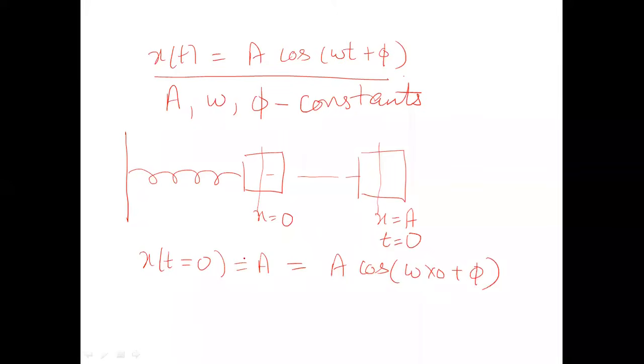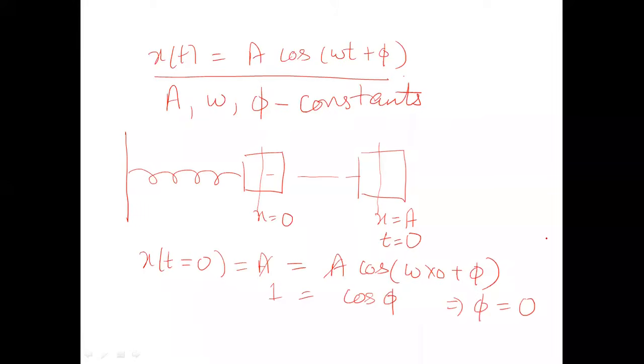So A is going to cancel out, and you will have 1 equal to cos phi, which is only possible when phi is equal to 0. Or you can say that phi is equal to 2 pi, 4 pi, 6 pi and so on. But let's stick to the simplest form here.